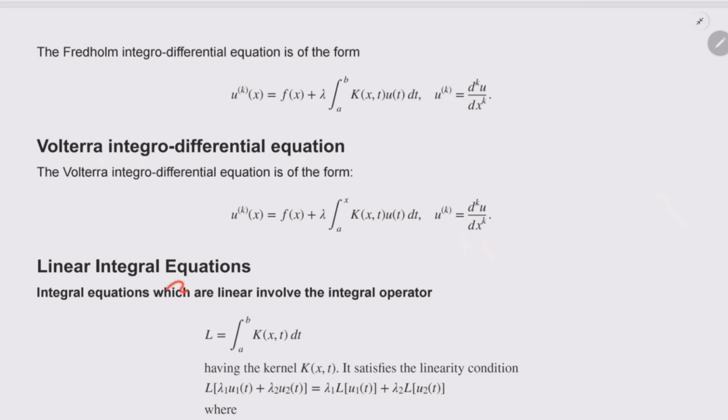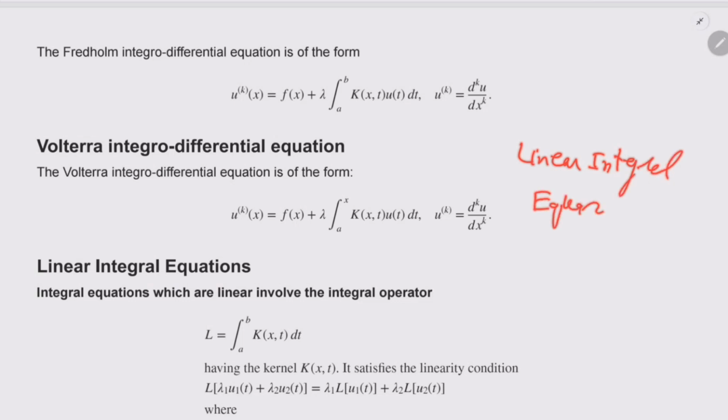Next, we have linear integral equation. Sometimes you may read a book whose title can be linear integral equation.